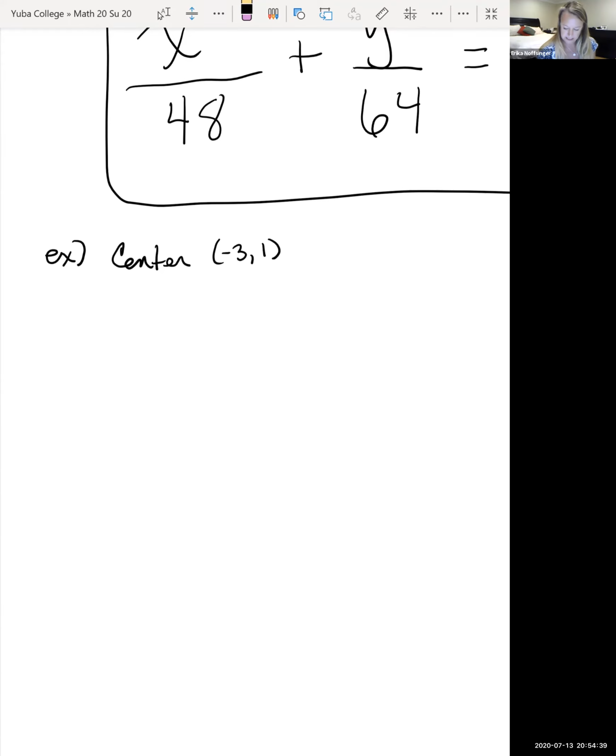You're given that you have a vertex at -3, 3, and you have a focus at -3, 0. Find the equation of the ellipse.